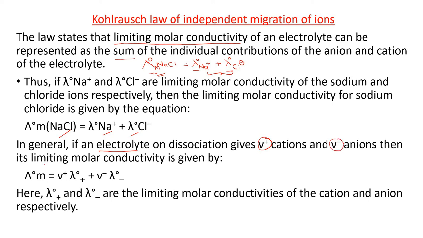The conductivity is multiplied by the number of cations and number of anions. Lambda plus and lambda minus are the limiting molar conductivities of the cation and anion.